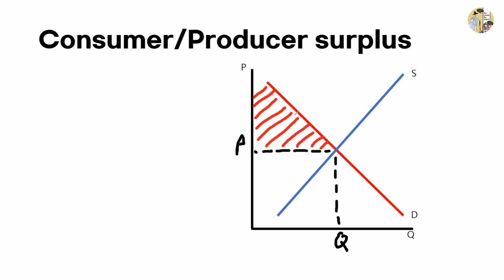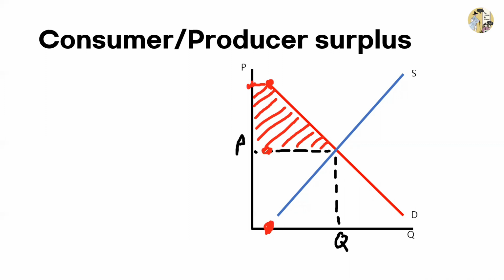Why is it? The demand curve is not just a demand curve, and it isn't that simple. It indicates a richer meaning. The demand curve is telling us that at this point, people are willing to purchase this quantity at this price, which means that if the price is here, then the people who were already willing to purchase this much quantity at the higher price now receive an additional satisfaction.